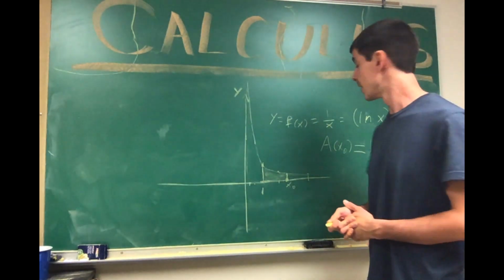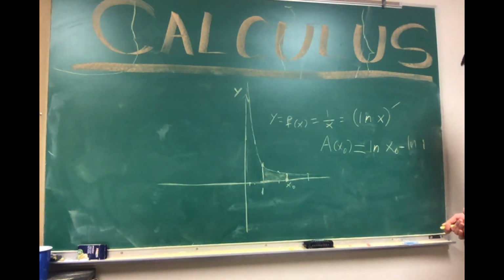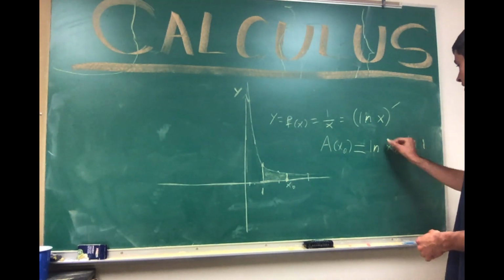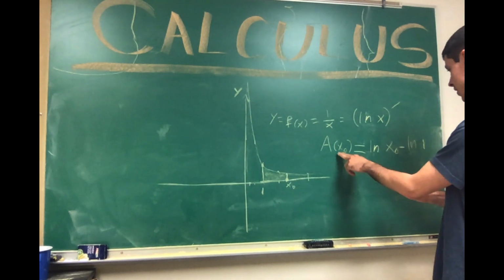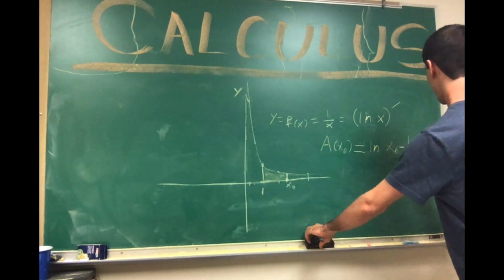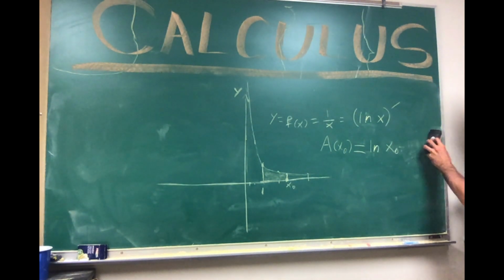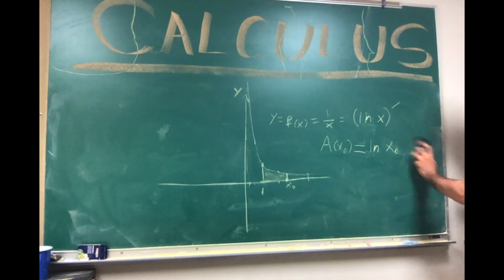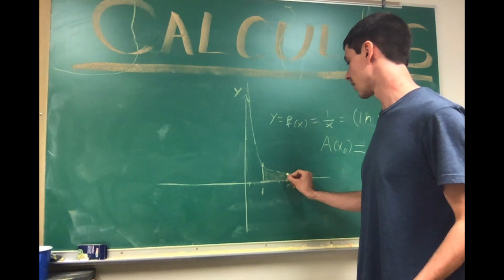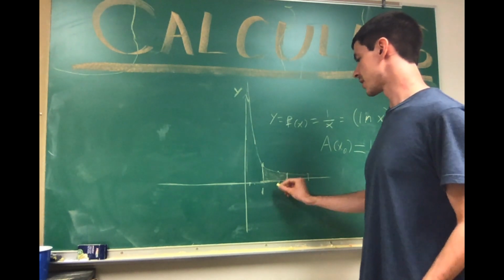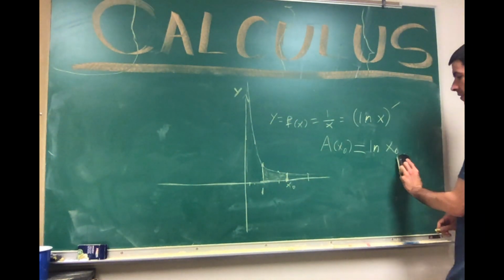It's just a straight line. And so that means if we plug in x0 equals 1, we need to get 0. But in fact, ln of 1 is 0. So sure enough, a of x0, the area starting at 1 and then going over, is just going to be ln of x0.